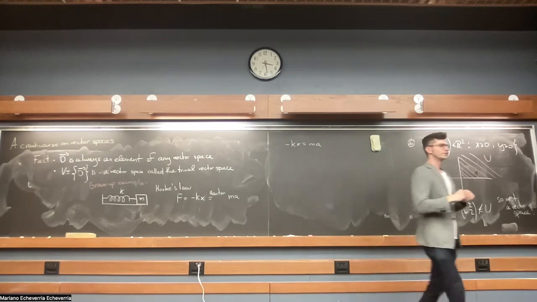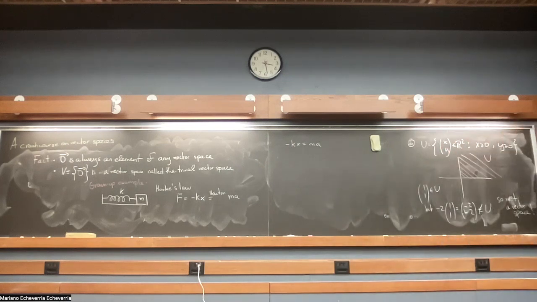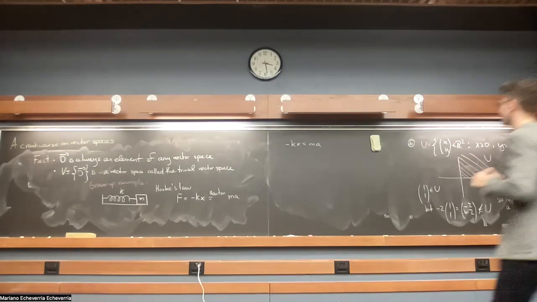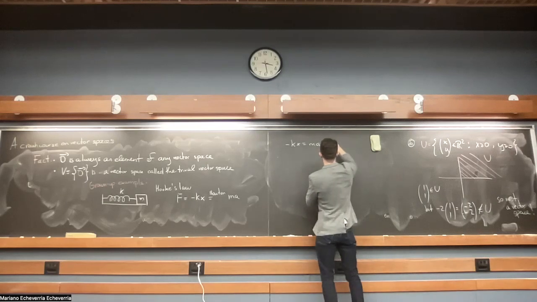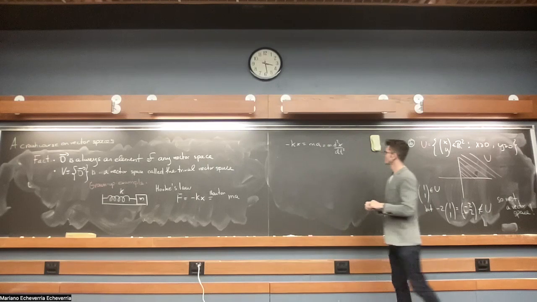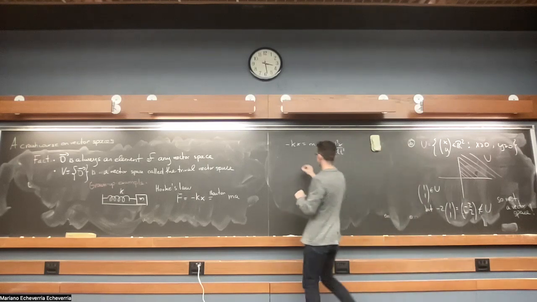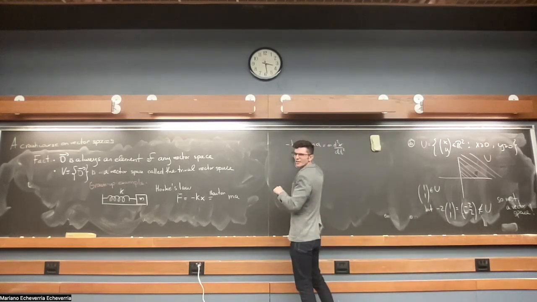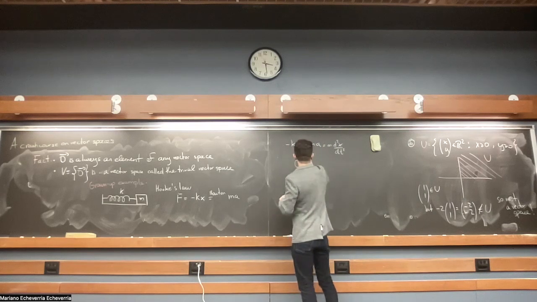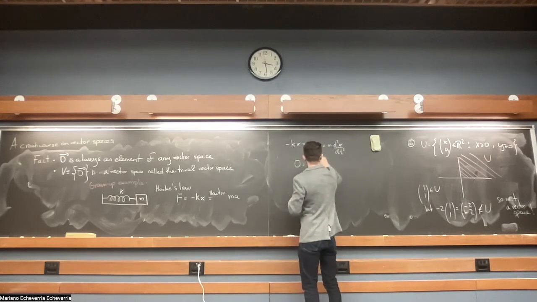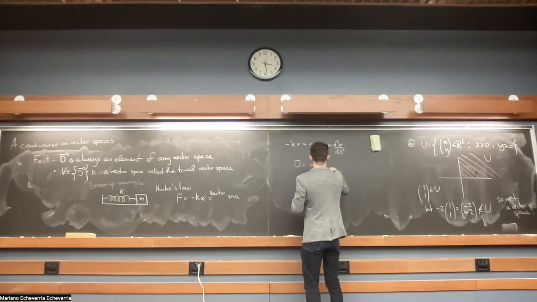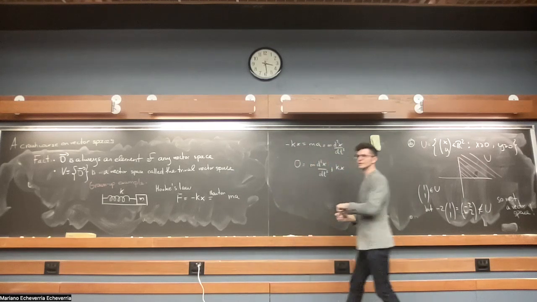But what is acceleration in terms of derivatives? It's the second derivative of the position x with respect to time. So this is m times the second derivative of x with respect to time. If you send it to the other side, it makes sense because there's a minus here, so you get 0 equals m times the second derivative with respect to time plus kx. Is that making sense?